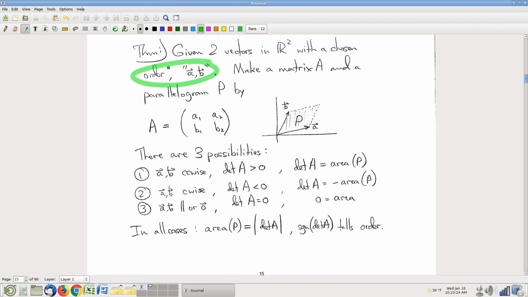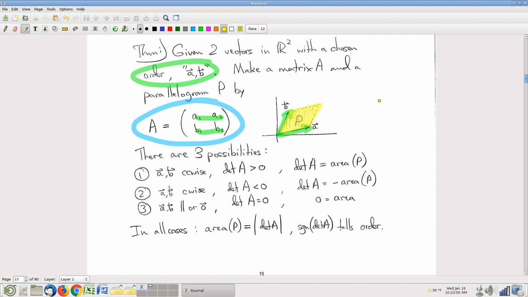On the one hand, make those two vectors, with their components, the rows of a matrix. On the other hand, take those two vectors, draw them geometrically, and make a corresponding parallelogram. Like so.